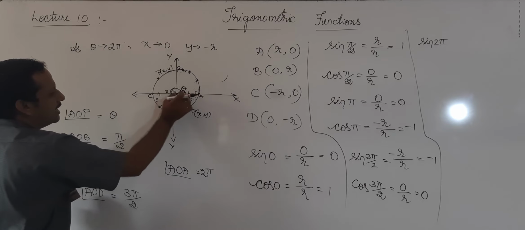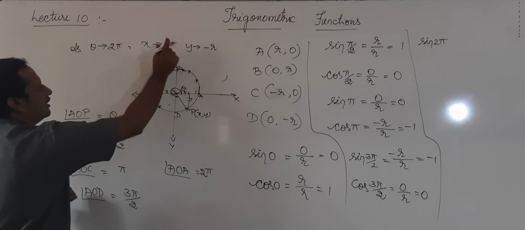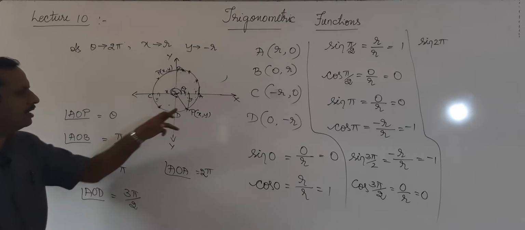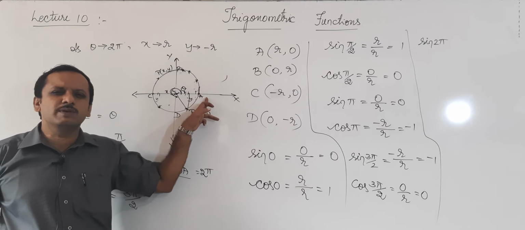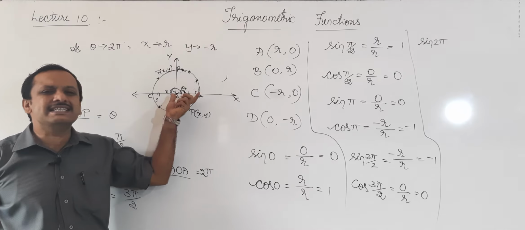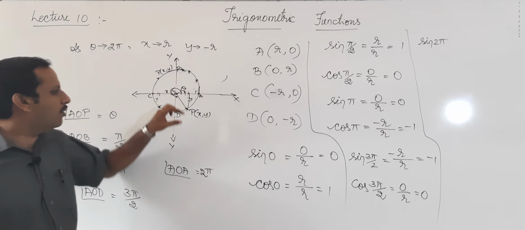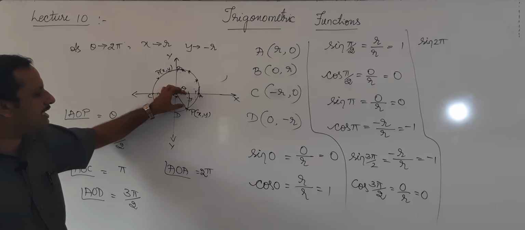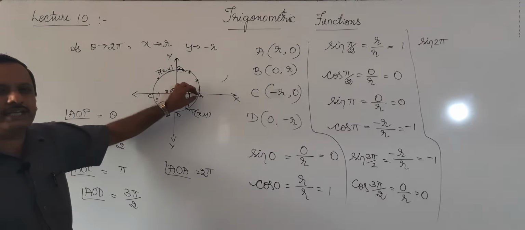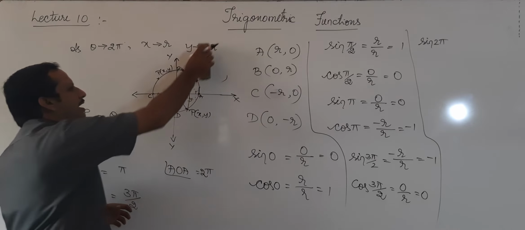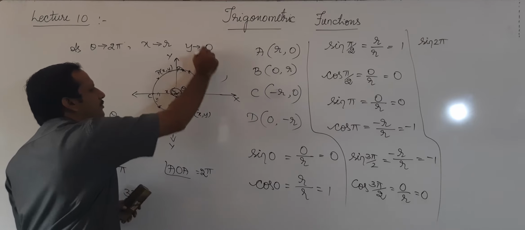Then when it comes here, x will approach r. When this point P comes towards A, x is equal to r. And what happens to y? Initially it is negative, but as it comes along, it goes on decreasing and it becomes 0. So y will tend to 0.